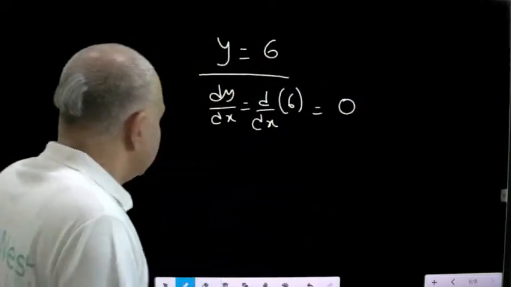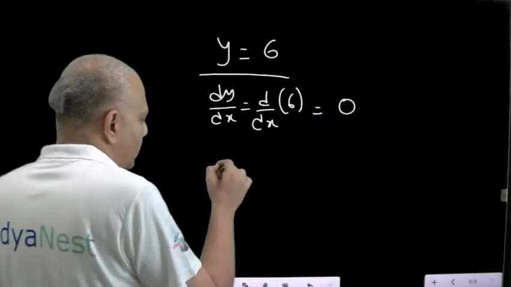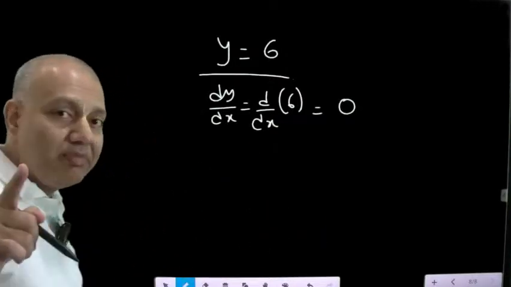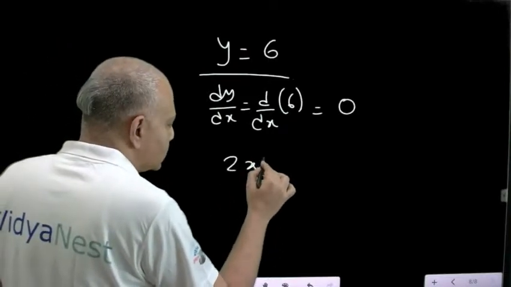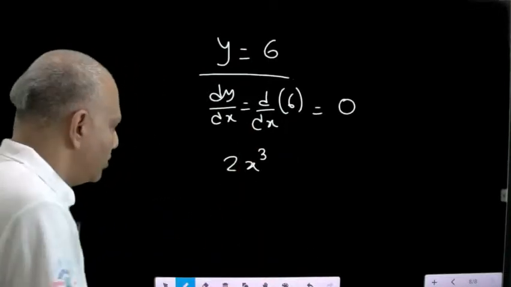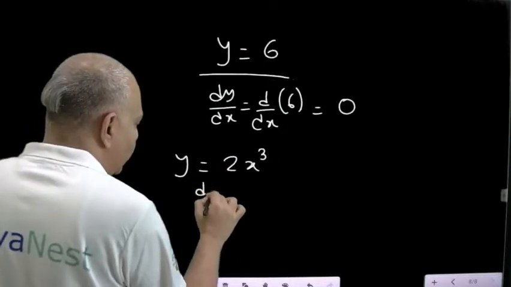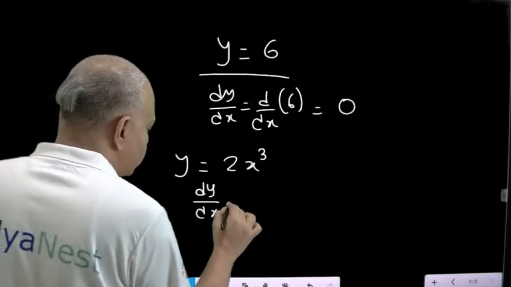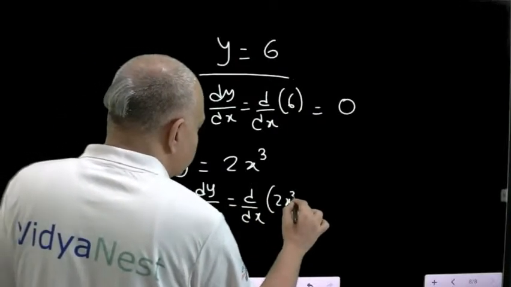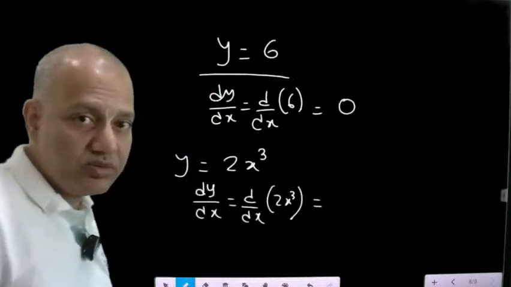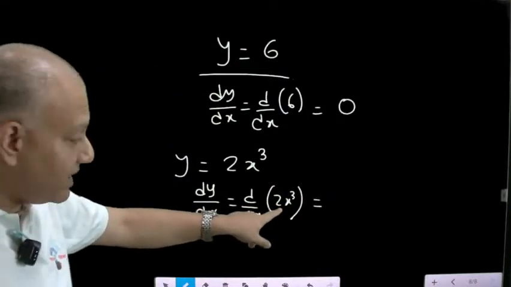Simple thing. So, similarly, if I am going to think that any constant is multiplied with a variable, just like y is 2x to the power 3. Then dy/dx, if I differentiate d/dx of 2x cube, in this situation, whenever a constant is multiplied with a variable, 2 is a constant but x cube is a variable.